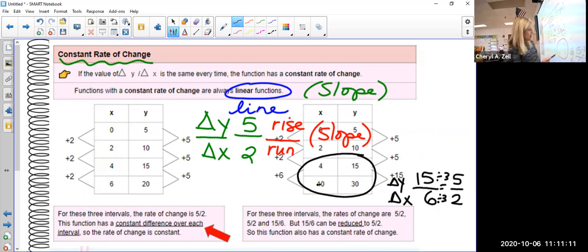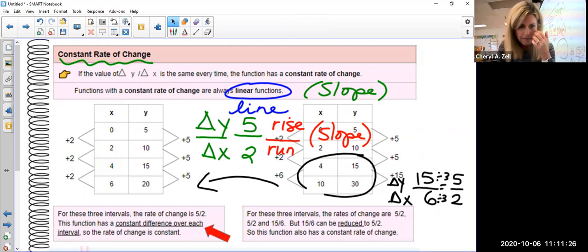And the reason why is because I'm jumping from 4 to 10. Therefore, I will need to reduce it. 5 over 2 is going to be the same thing as over here. Does that make sense? All right.